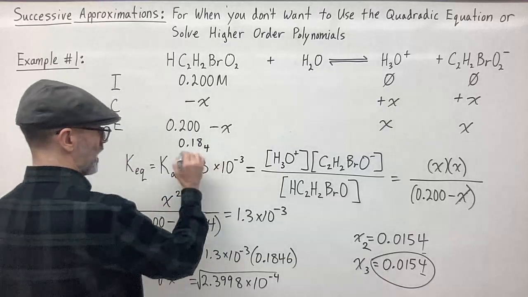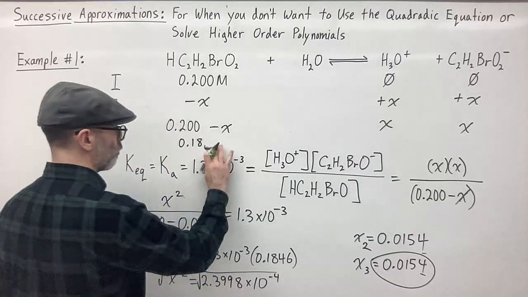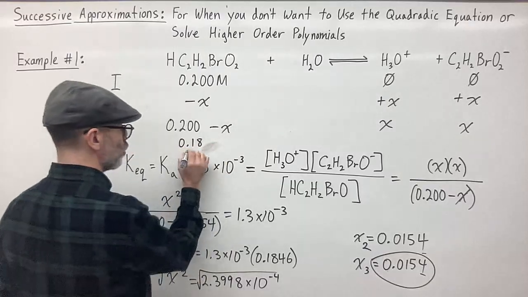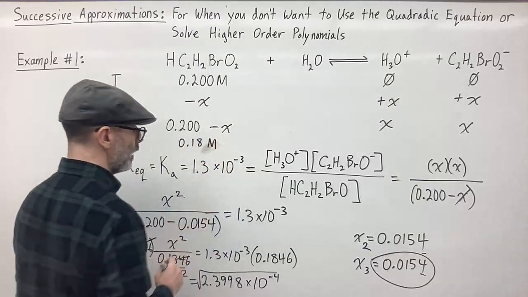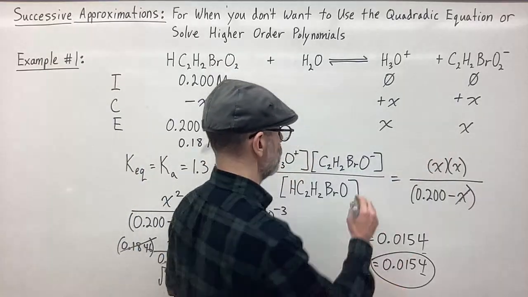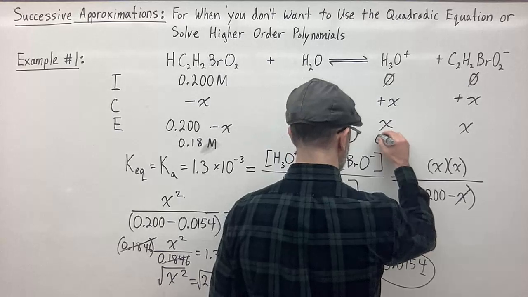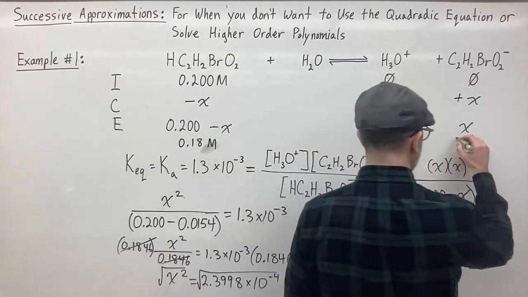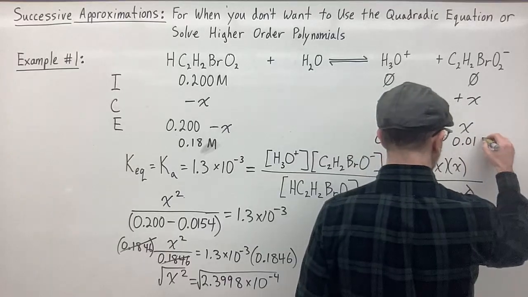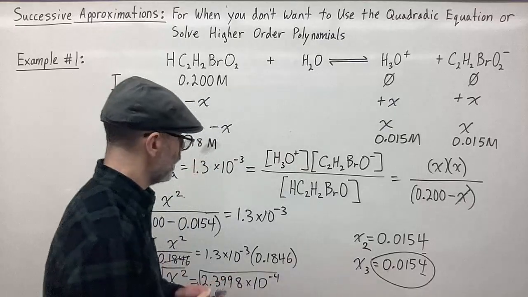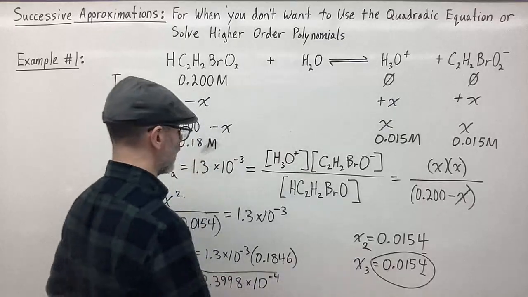The 4 is just an extra digit, right? If I want to round to two significant figures, I just do 0.18 molar. And then for these two, it's just x, so the concentration would be 0.015 molar, right? So those would be the concentrations at equilibrium.